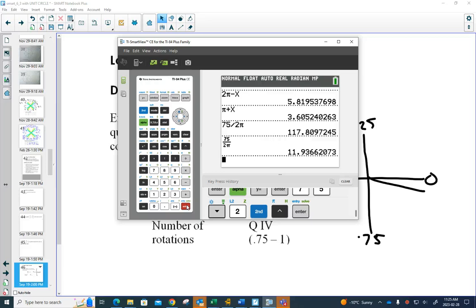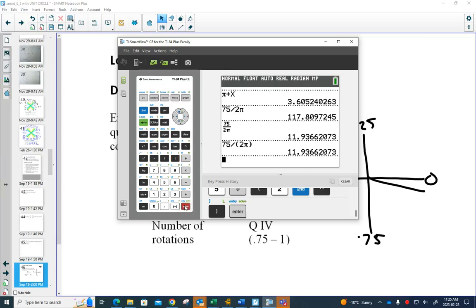If you want to do it this way, where you're just typing it, you would need to have brackets on the bottom, because you want to divide by all of 2 pi, not just by the 2. So that's the number one mistake that often happens. You should get 11.93.